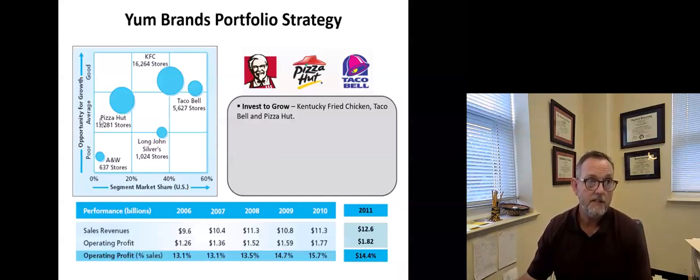So we have opportunities for growth again, and then market share on the bottom, just like our other charts, but we can see the relative position of each one of these. While Pizza Hut doesn't have a particularly large share, it was at the time a very growing space for pizza joints, things like that.